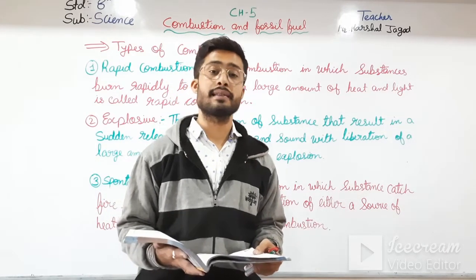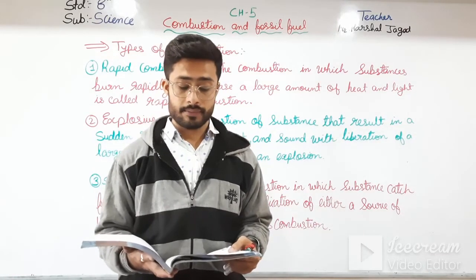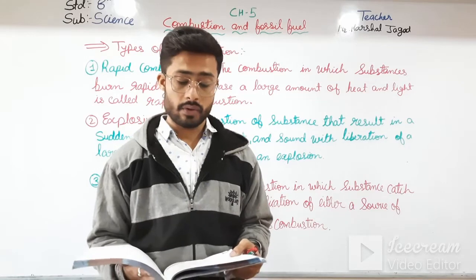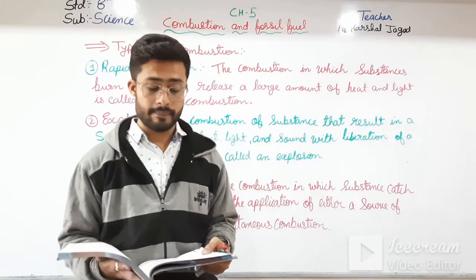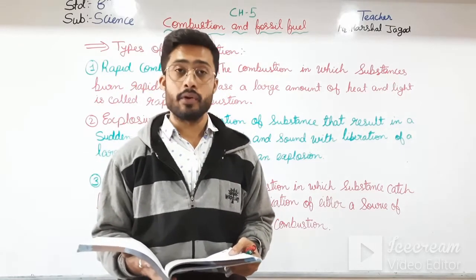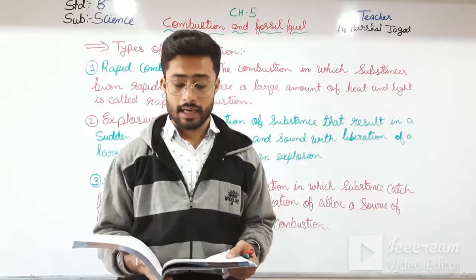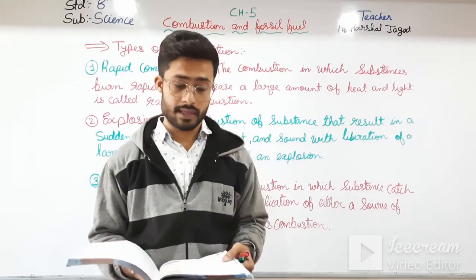Coming to the second one, that is explosion. The combustion of substance that results in a sudden release of heat, light and sound with the liberation of a large amount of gas is called an explosion. For example, fireworks on burning produce heat, light and sound. An explosion can also take place if pressure is applied on the substance.